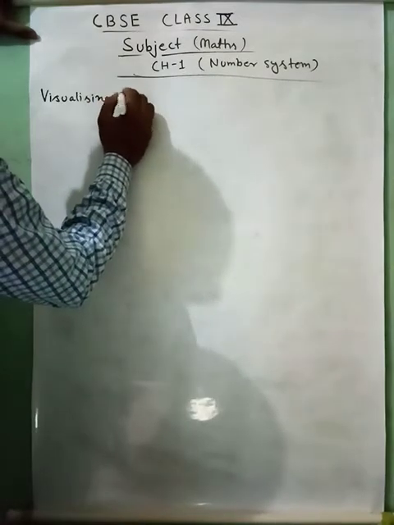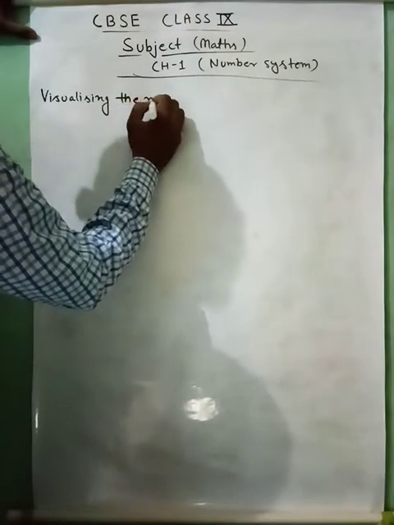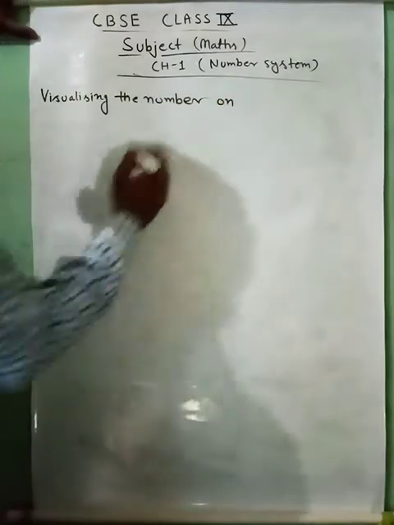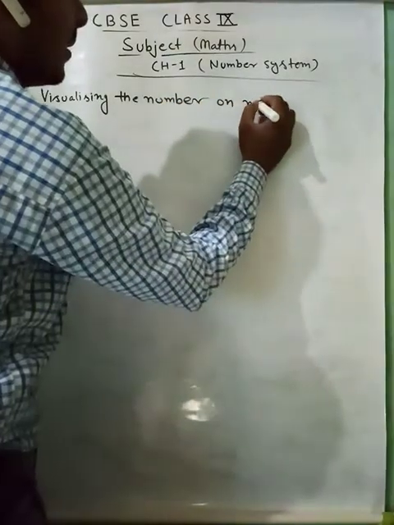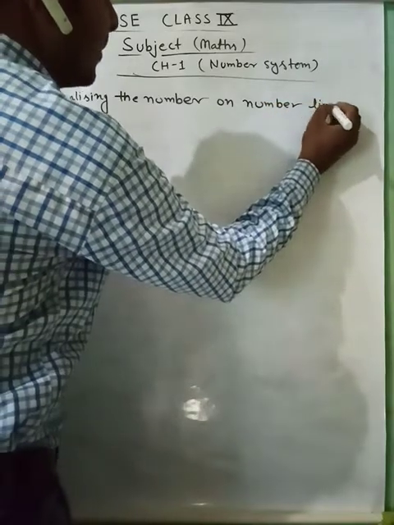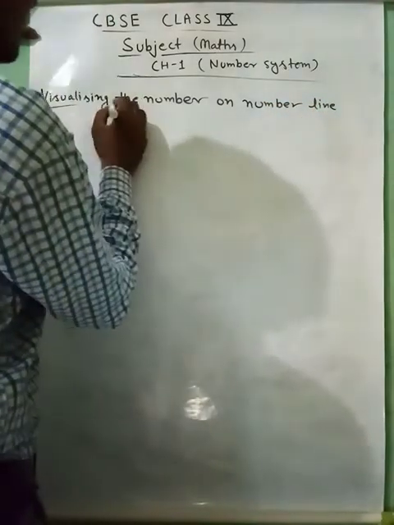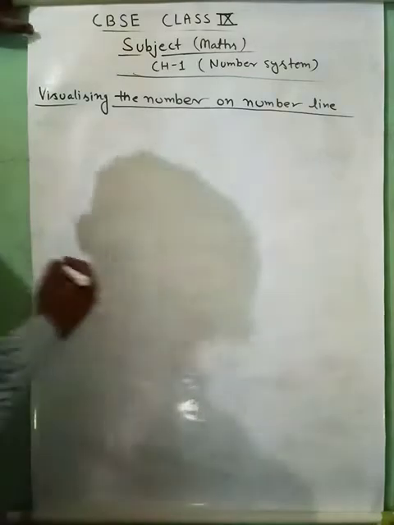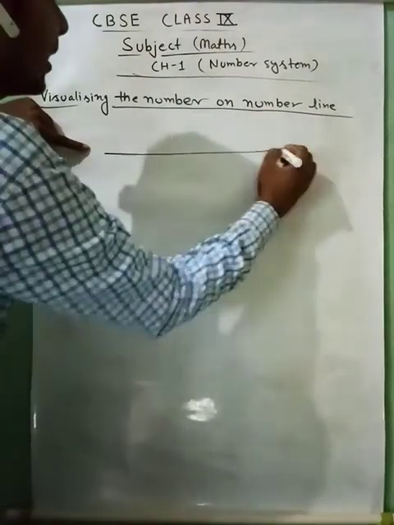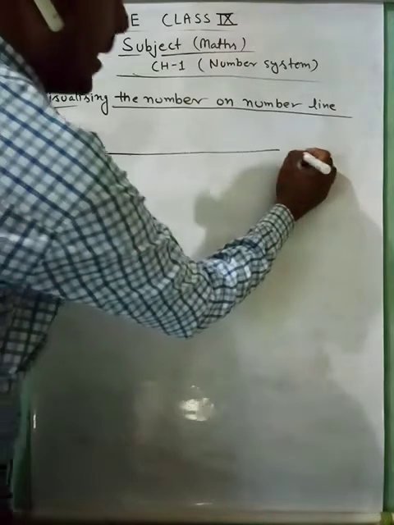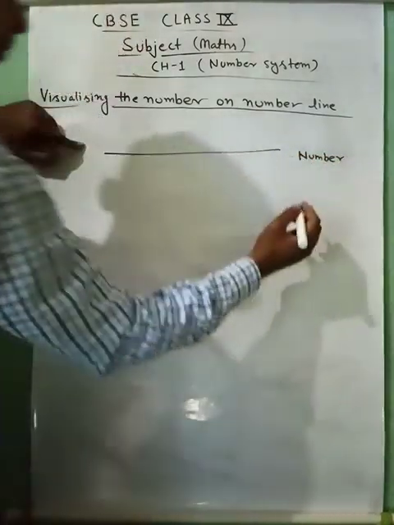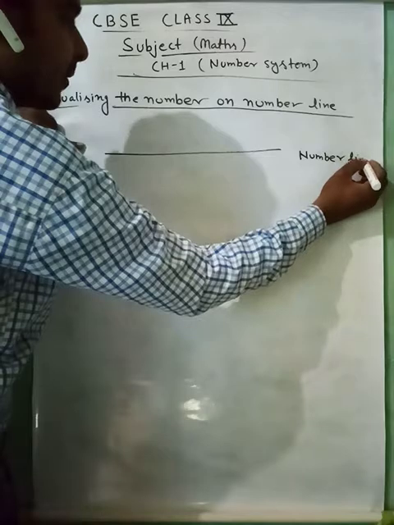Visualizing the number on number line. We know that we can represent a number on a number line. Suppose it is a number line, clear?